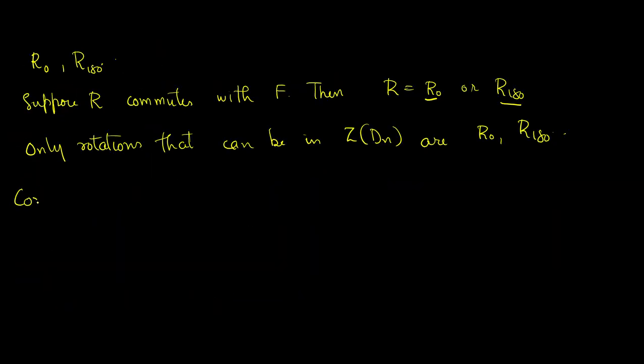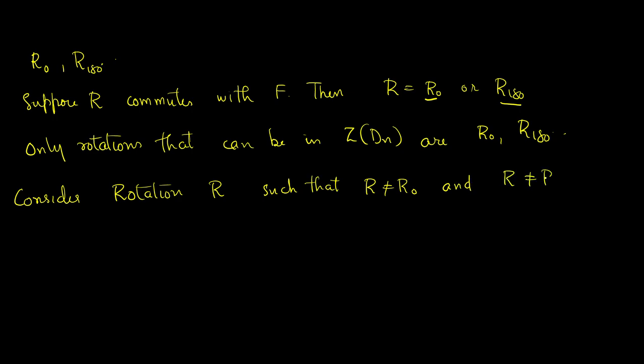So consider a rotation R such that R is not equal to R0 and R is not equal to R180. Now, such a rotation will exist, right? In that case, can FR be equal to RF?